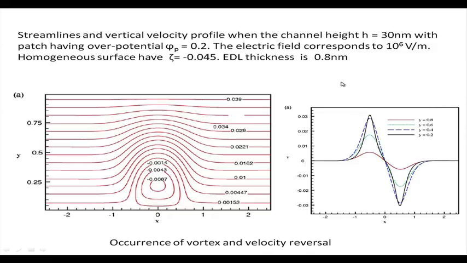Okay, now these results obviously show a formation of a recirculation zone. So see, this is the region of heterogeneous zeta potential, the region of heterogeneity, and that is inducing a vortex near that. And as we move away, the flow becomes a unidirectional, parallel flow.